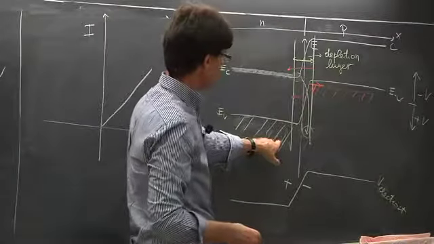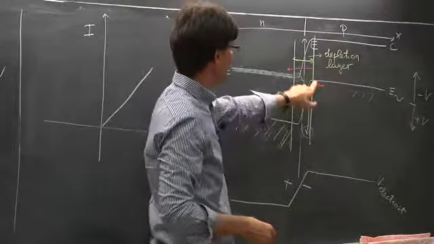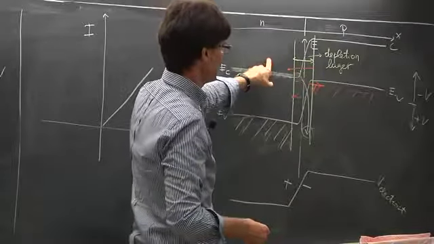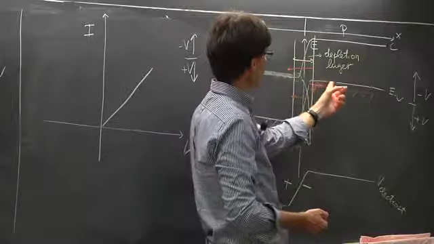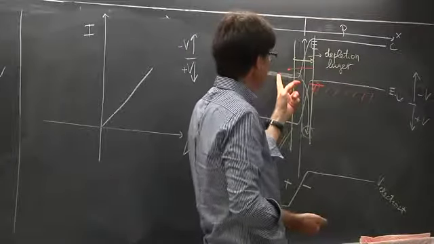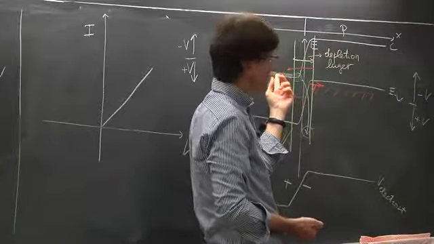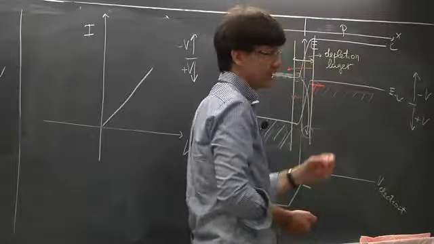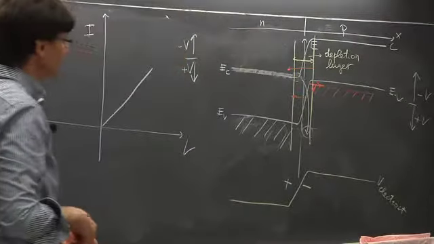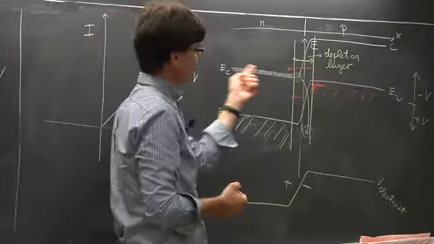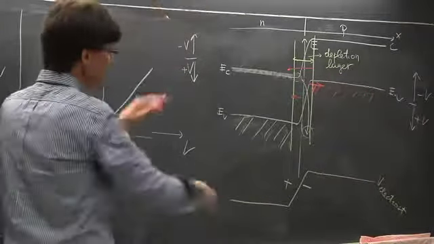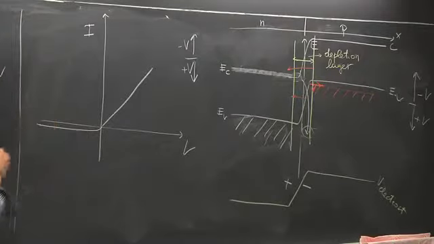Not even at lower energies, because these states are all filled. The first available states are above. I could, in principle, transfer these states here, but then, first of all, it's a small number of electrons. And second, they have to cross a barrier to go to the other side. So when I apply a voltage which is opposite with respect to the previous one, because of this asymmetry in the position of the band structures, I'm going to have a current which is extremely low.